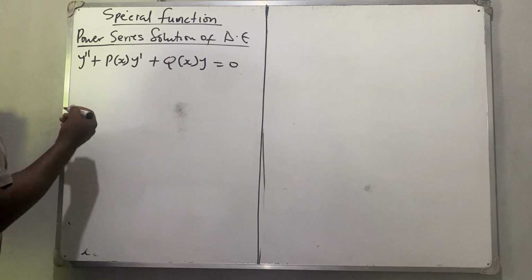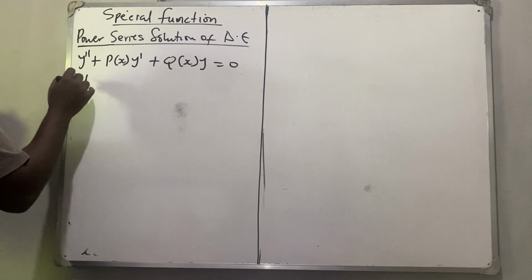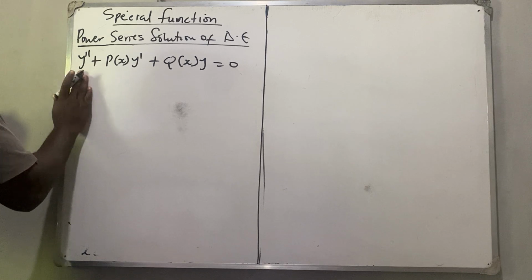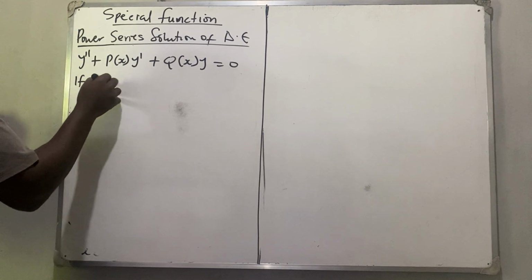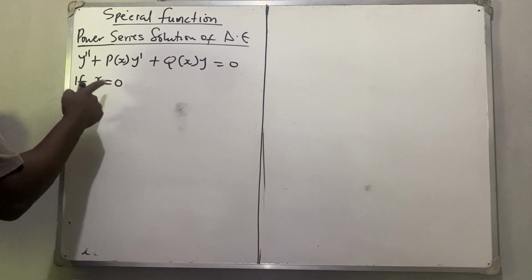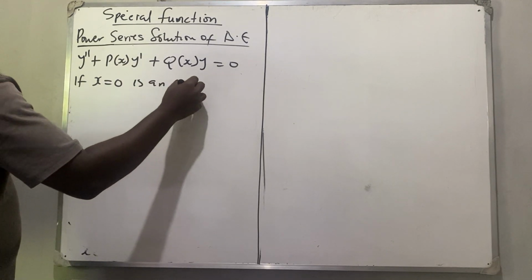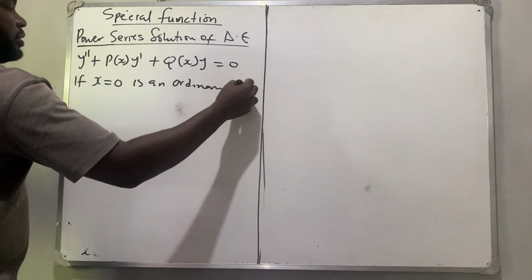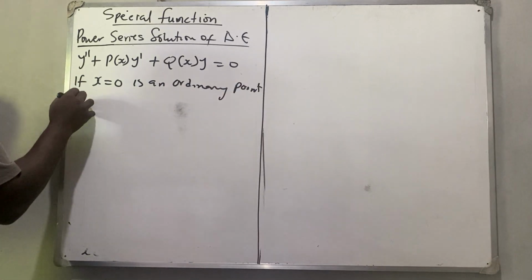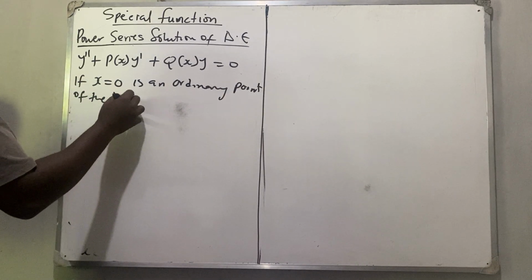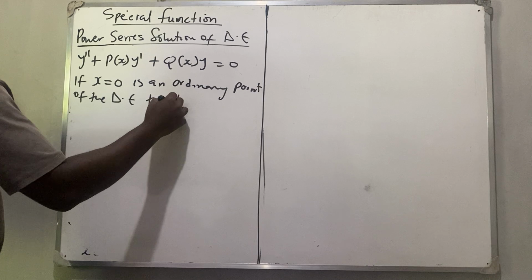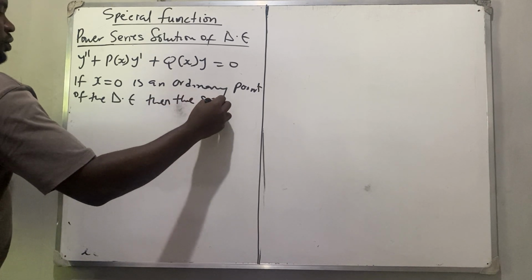Now we say that if x equal to 0 in particular is an ordinary point of the differential equation, then the solution becomes.